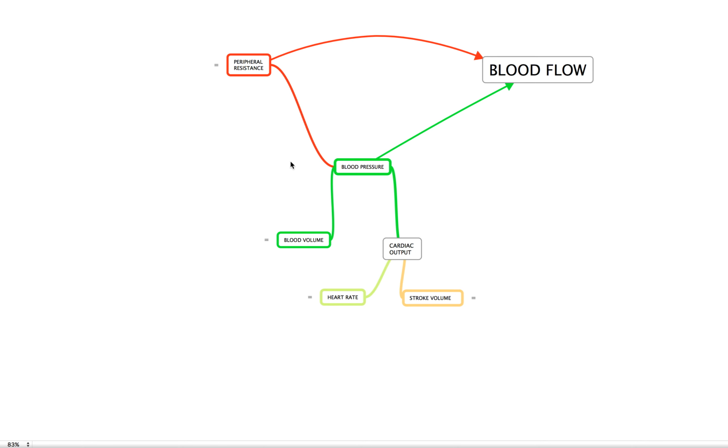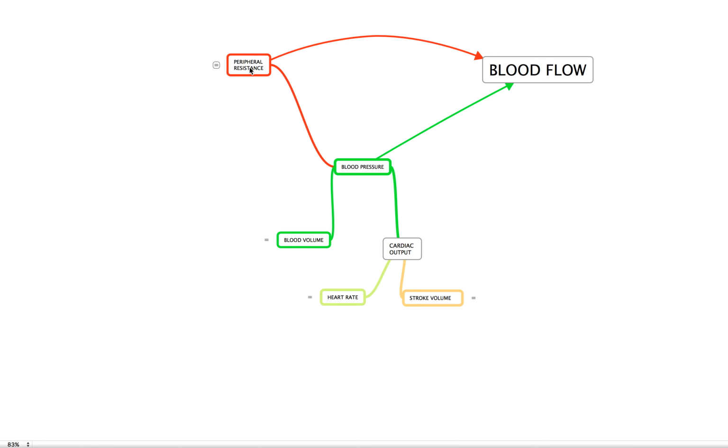So then we started to break it down. And we said that when you're dealing with pressure, there's basically three things to consider. The cardiac output, what the heart is doing, is the primary thing that generates pressure. And then you can impact pressure also by blood volume changes, which are going to be primarily related to the kidneys.